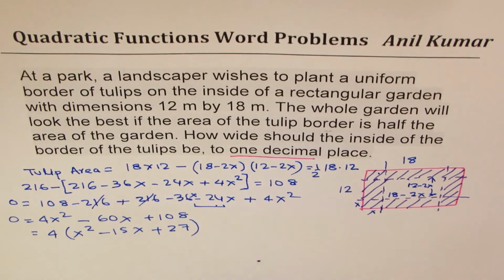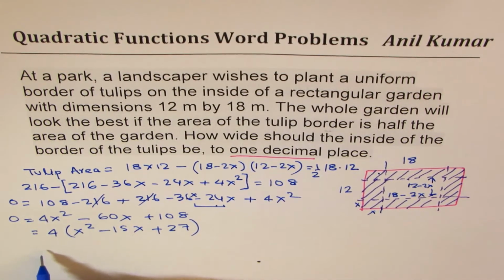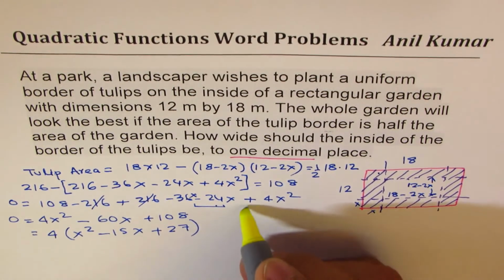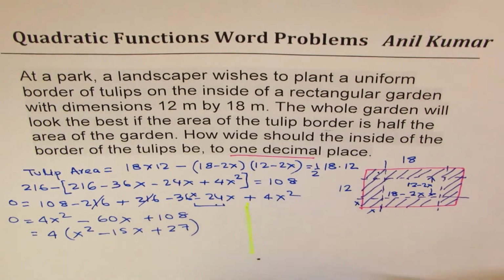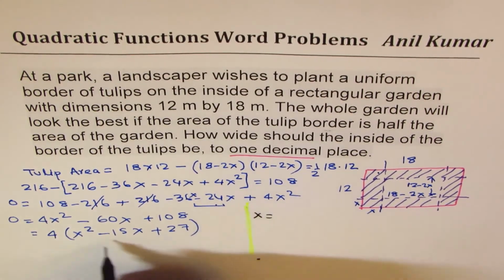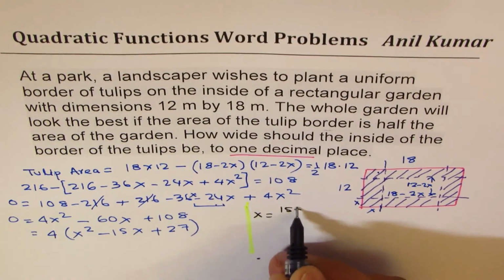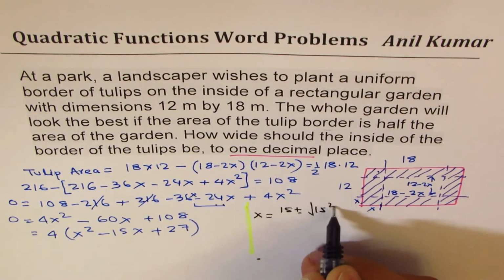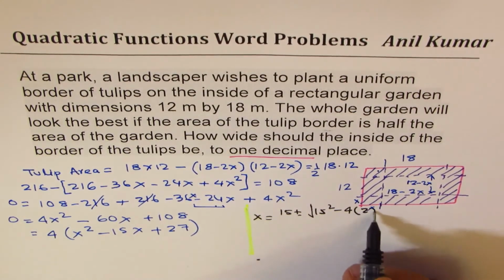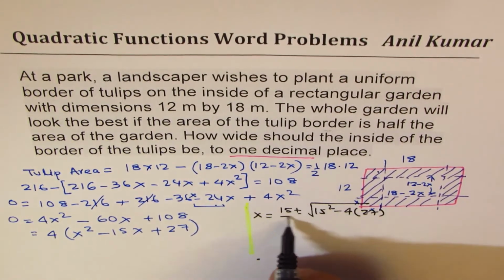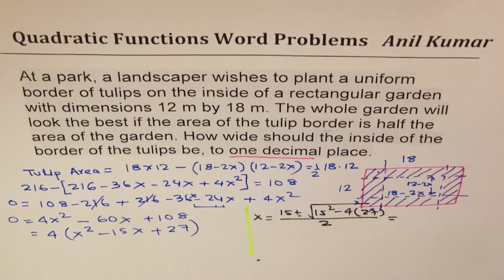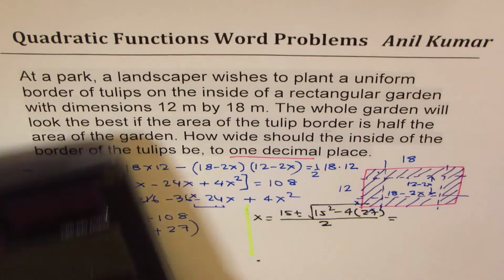Now to find the value of x, you could use quadratic formula, which is, let's rewrite on the right side and then we'll calculate, okay? So we could write x as equal to minus of b, which is 15, plus minus square root of 15 square minus 4 times a, which is 1, c is 27, divided by 2. So that gives us, let's recalculate, right?